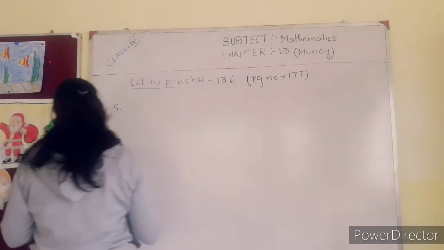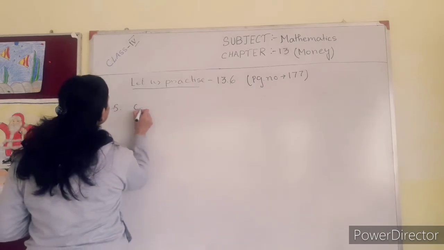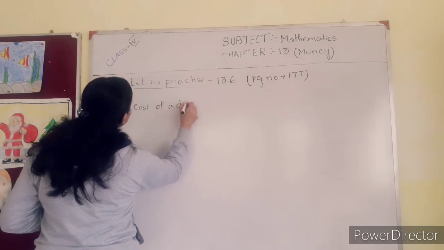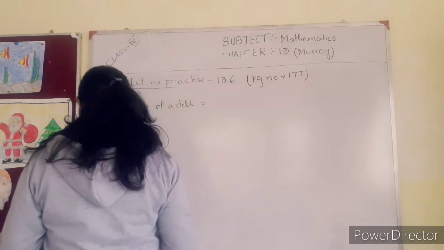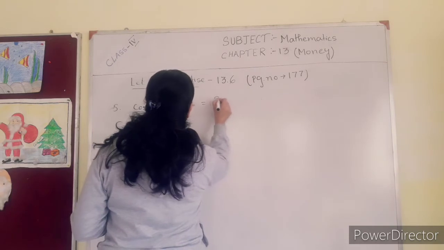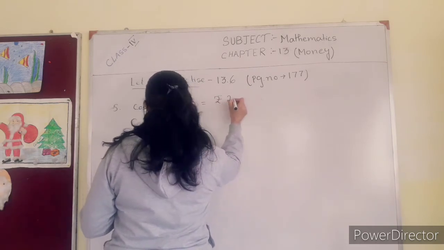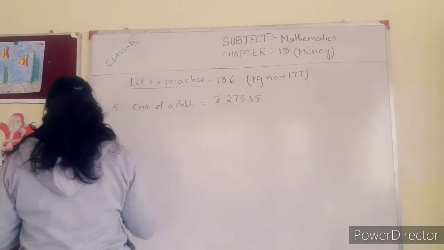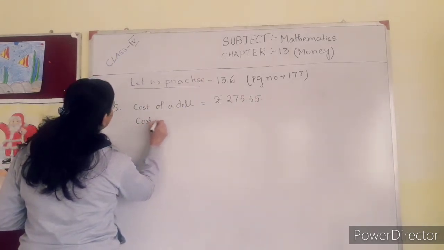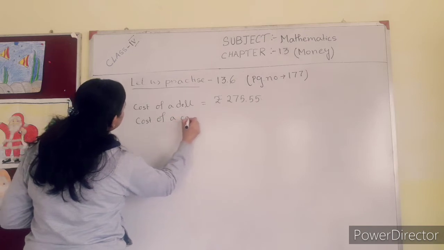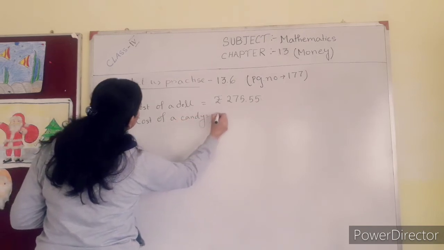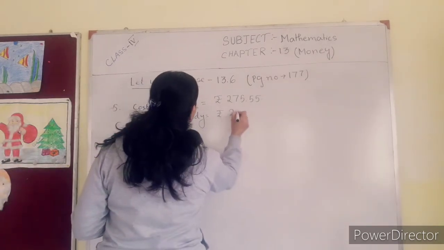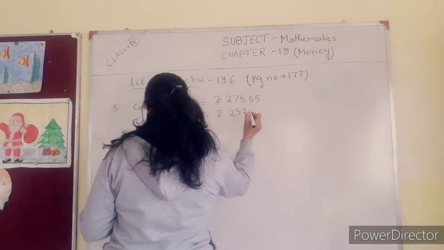Question number 5. Cost of a doll equals rupees 275.55. Cost of a candy equals rupees 252.25.